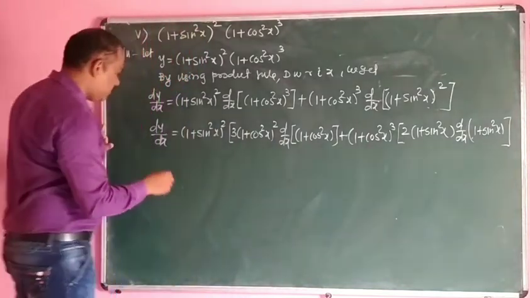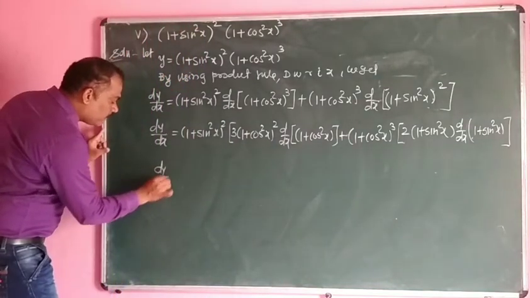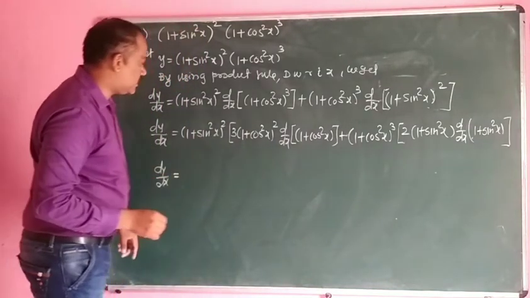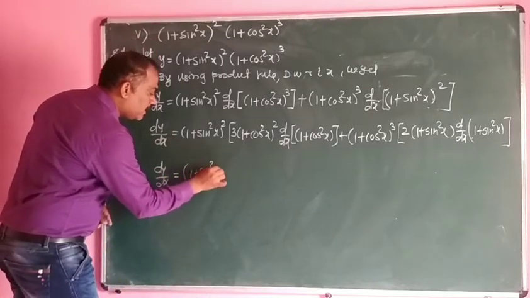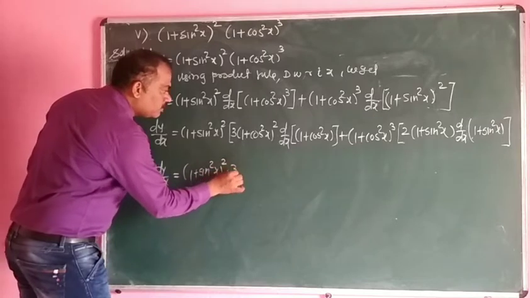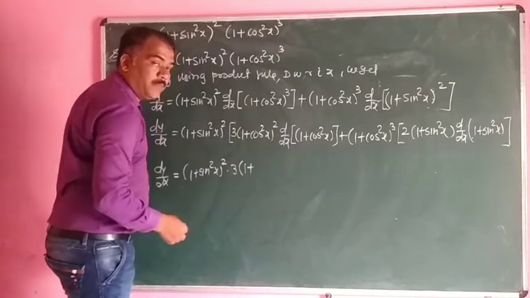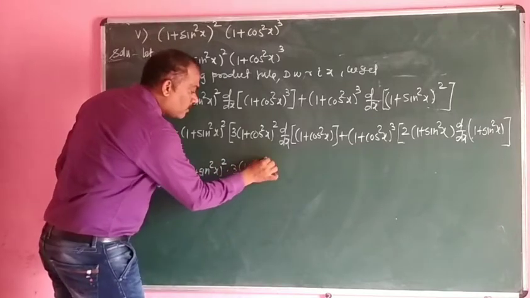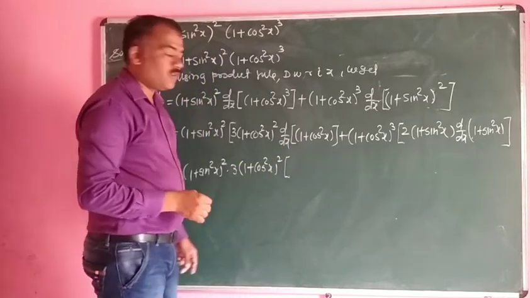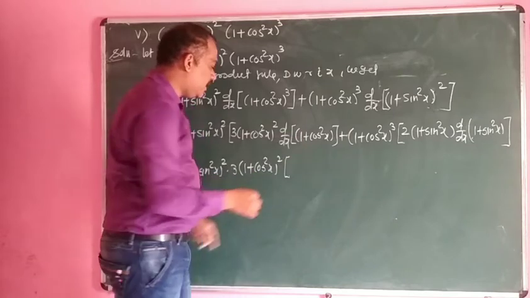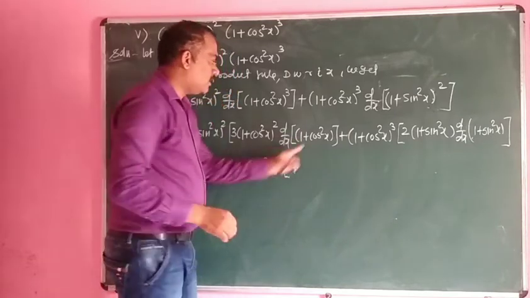Now dy/dx is equal to [1 + sin²x]² into 3 times [1 + cos²x]². Now we have to take the derivative of 1 + cos²x. What is the derivative of 1? 0, plus cos²x.